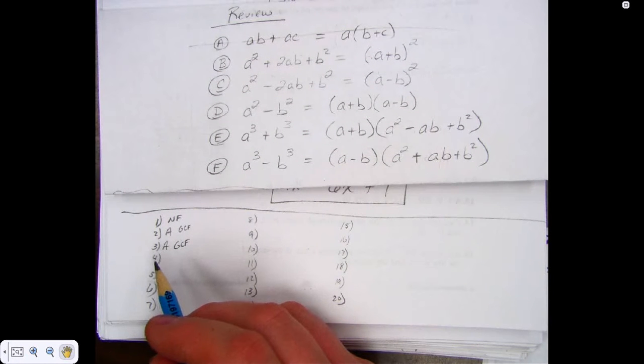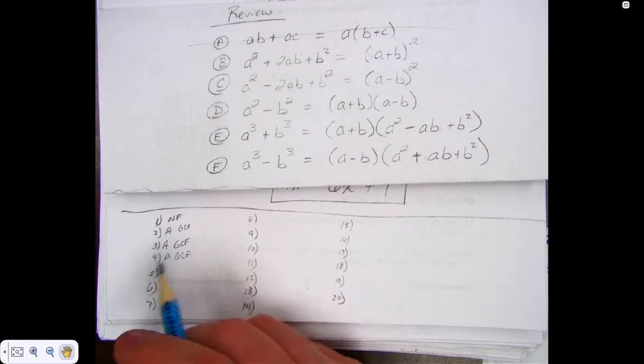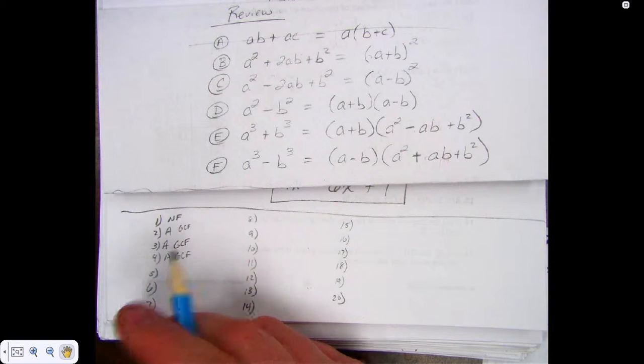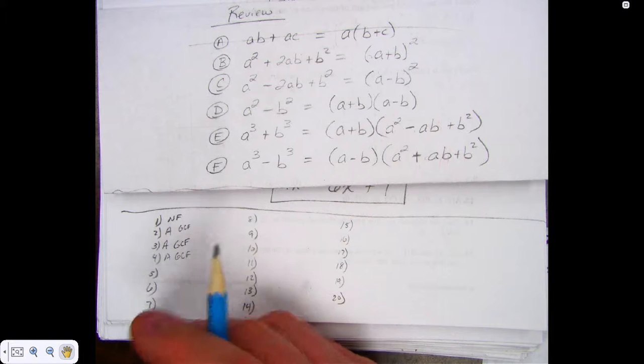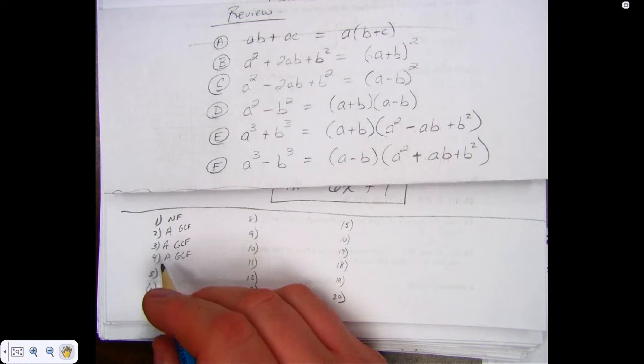Number 4. What are you going to factor out there? It's like A again. You're going to factor out a GCF, aren't you? With the numbers, it's 2. With the variables, it's x to the 3rd, isn't it? Do you guys agree? So you're factoring there. Number 5. Is there any factoring to do there? Is it already factored? Look at number 5.